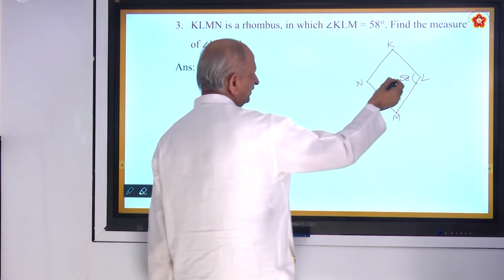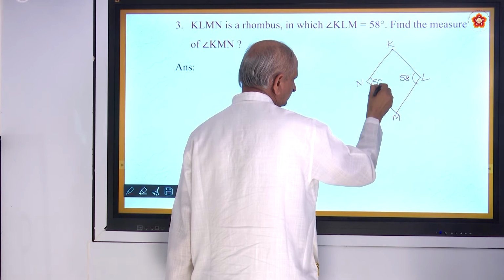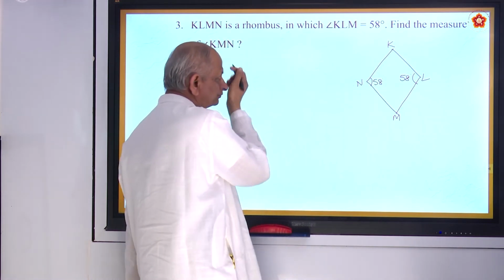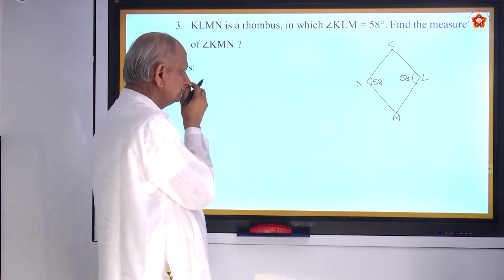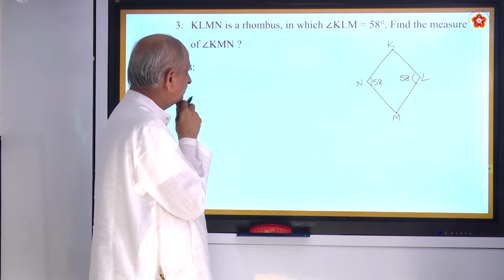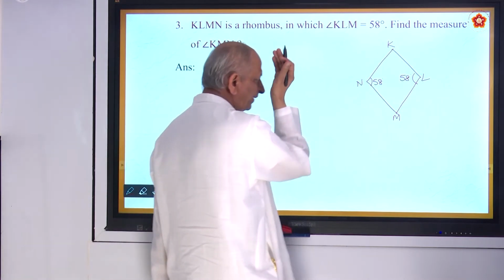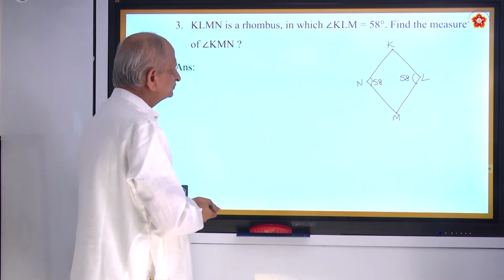If this is 58, the opposite angle also becomes 58. Is it not? First point. What is the sum of all the four angles? 360. So 360 minus the sum of these two. You have to make out. Okay.